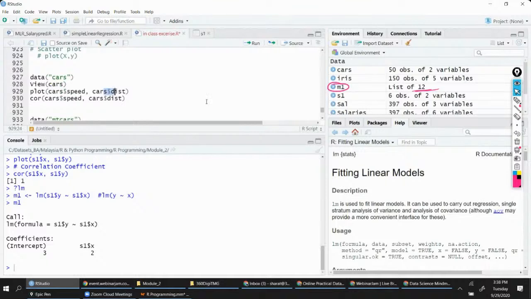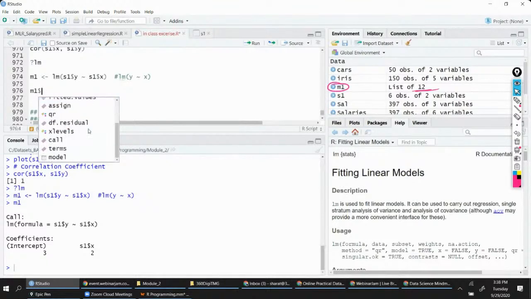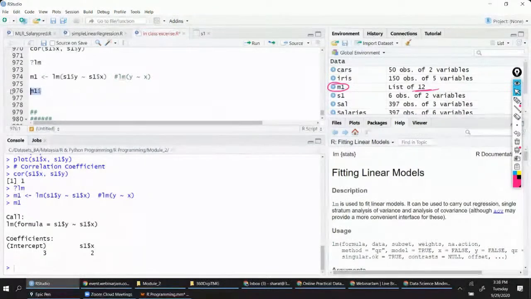The same way we are putting M1 dollar. And it gives these different calculations that we did, right? What you're seeing is coefficients. We also have residuals, rank, fitted values, QR, df residual, all these things are there. Now what you do is you simply say summary of M1.